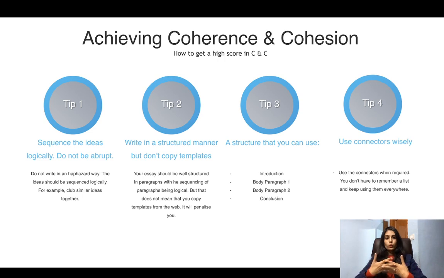So what should we do? We should club together the advantages in one paragraph and the disadvantages in the other paragraph. This would give clarity to the reader that body paragraph 1 consists of advantages and body paragraph 2 consists of disadvantages. It would give clarity of thought to the reader, and they would not get confused. So it's very important to have similar ideas together and never alternate or juggle between non-similar ideas. So don't do that.